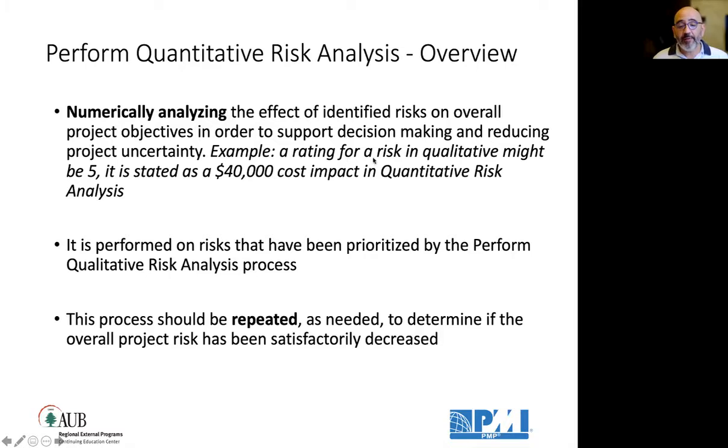Example, a rating of a risk بالqualitative might be 5. Here it is stated as $40,000 cost impact بالquantitative. And it is performed on risks that have been prioritized أكيد بالqualitative. وهذا process should be repeated كمان as needed.